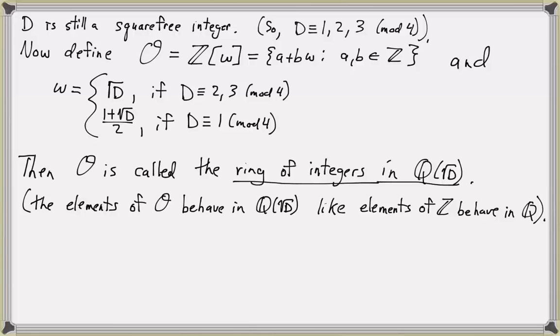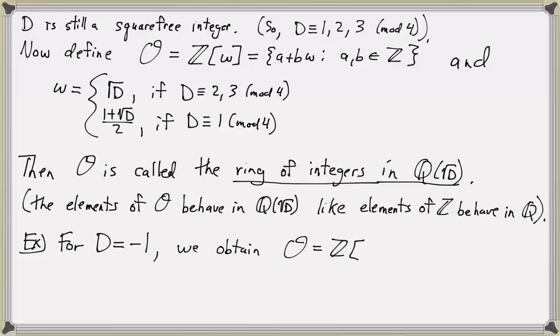Now we've actually seen an example of these rings of integers. So for example, let's look at when capital D is -1. So we obtain O is the set of integers adjoin square root of -1, which we denote as i.